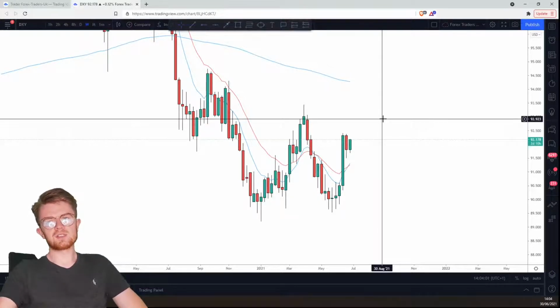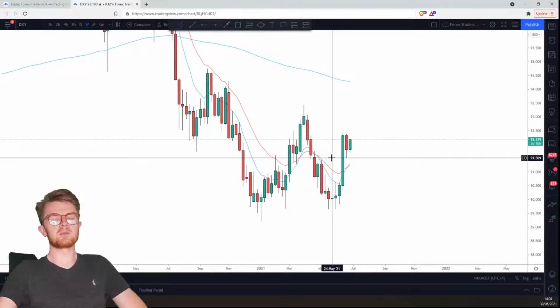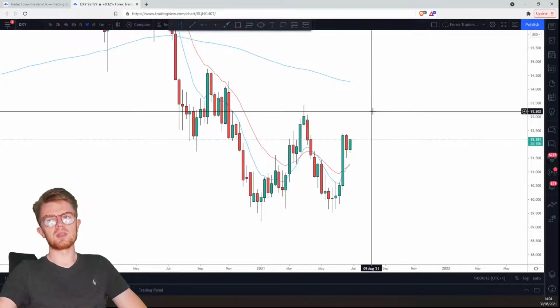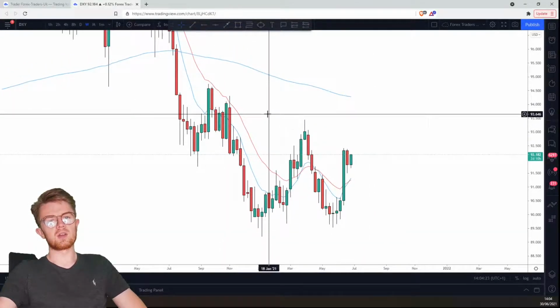So by studying the dollar index and having it as part of your watch list, it will put you ahead of some of the other traders out there, and it will put you in a position where you understand the market sentiment for the dollar, what trend it is in, and basically the whole scenario around the dollar on a higher time frame.